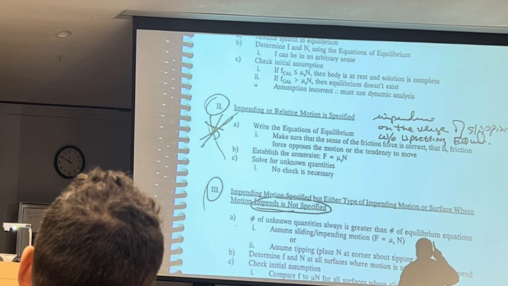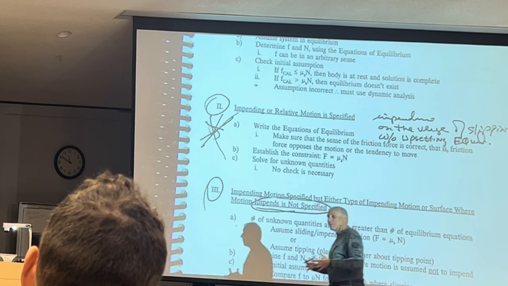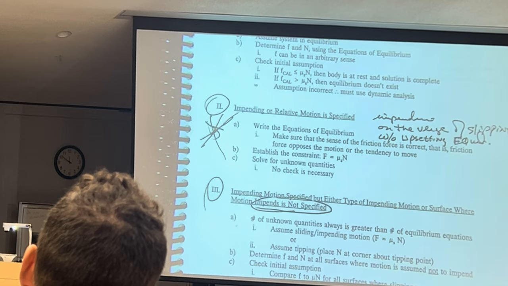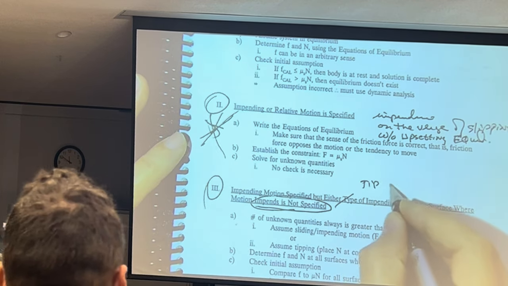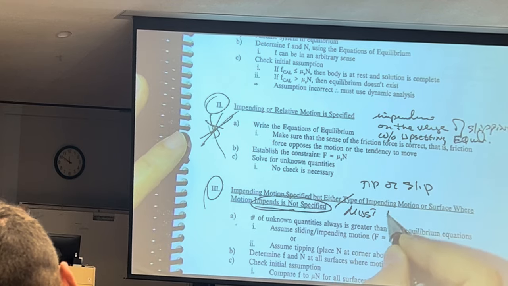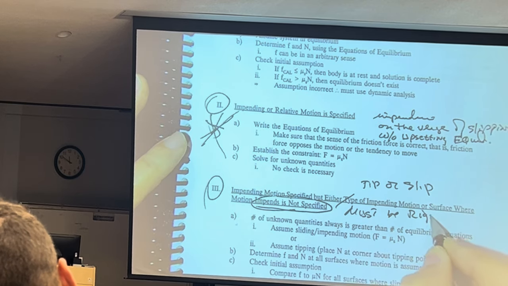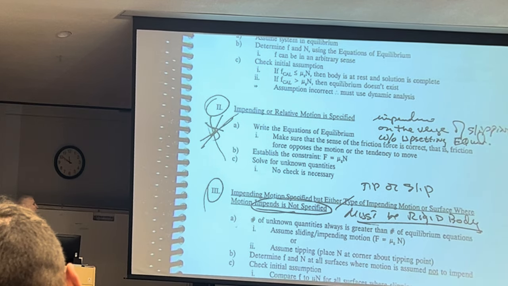Particle versus rigid body. Which one can tip? Rigid body. So all type 3s have to be rigid body problems. So here you could tip or slip, must be rigid body. It cannot be a particle.